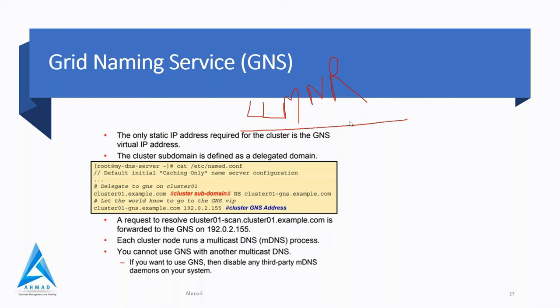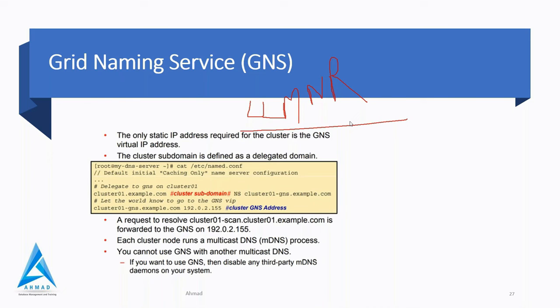So basically, when you use GNS, mDNS will come, and mDNS will manage LLMNR on every host. Okay, so to use GNS before installation, the DNS administrator must establish domain delegation to the subdomain for the cluster.